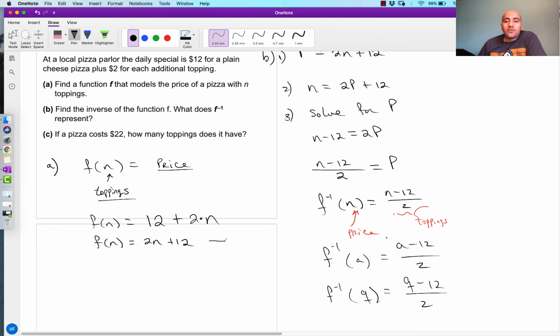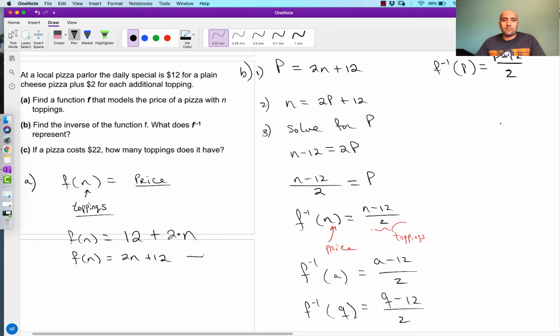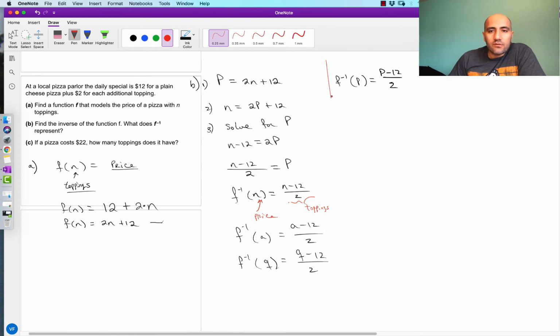Same thing. So why not keep the p, right? So in this case, why not go for saying that f inverse of p equals p minus 12 divided by 2. Okay, so I hope that doesn't confuse you too much. Stick to having the letter there.